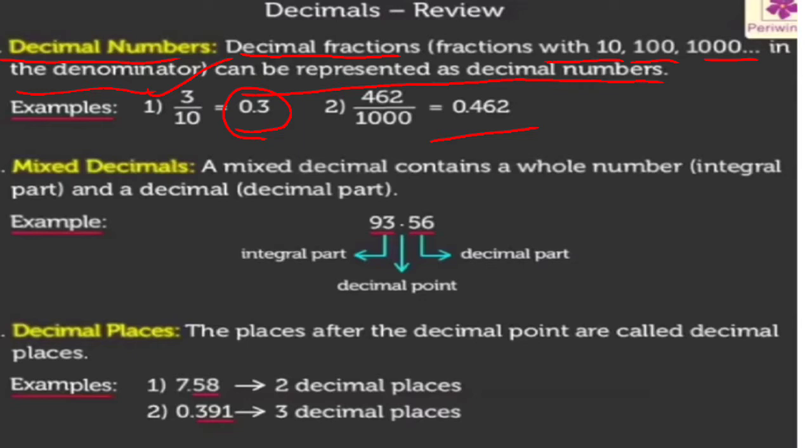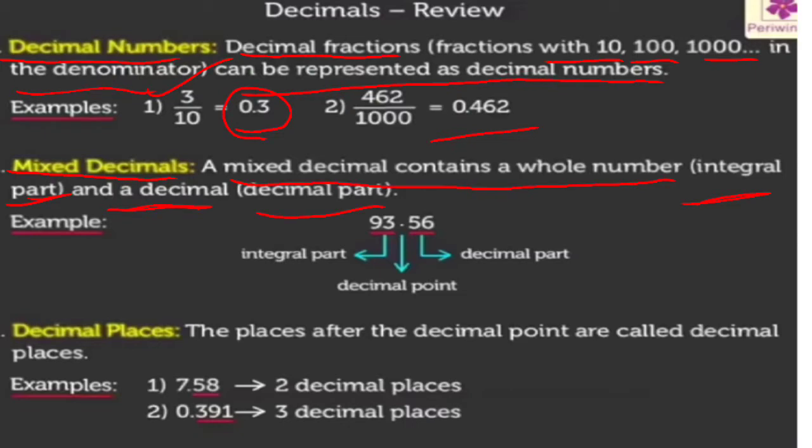And decimal numbers can also be mixed decimals. What is a mixed decimal? A mixed decimal contains a whole number, and we call this whole number the integral part, and the decimal we call the decimal part.